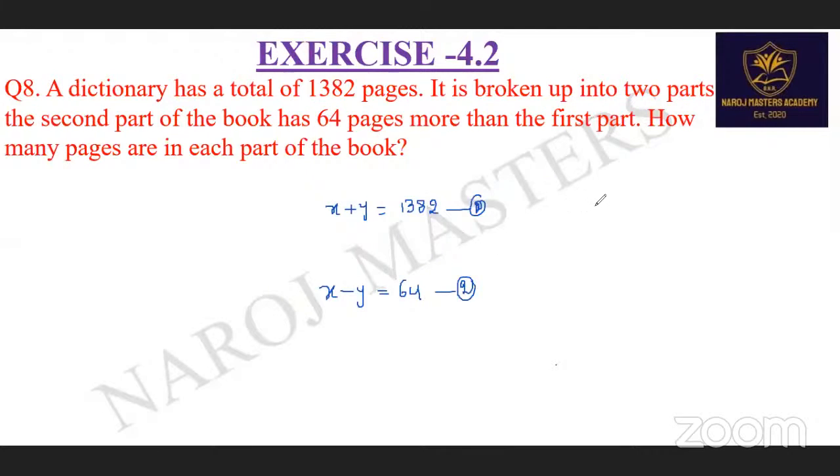So x plus y is equal to 1382, and x minus y is equal to 64. Here plus y and minus y get cancelled.